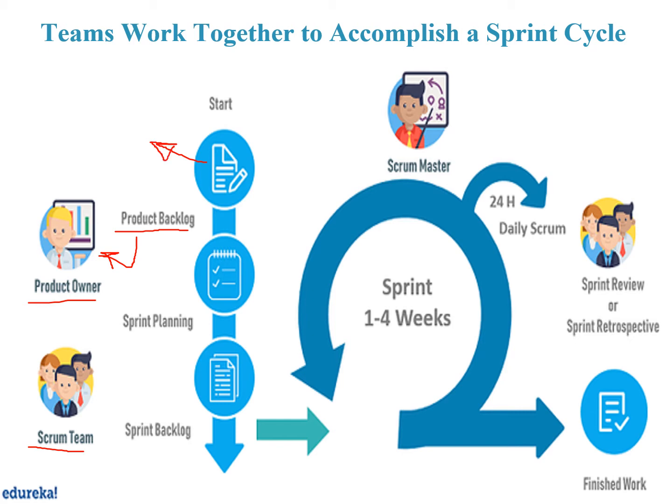And then we have the sprint planning, or we call it the sprint backlog. These two are sometimes combined. So here we have the tasks to achieve and complete the product features list.